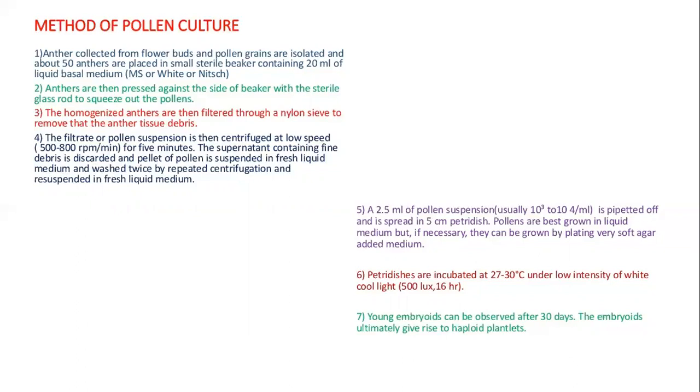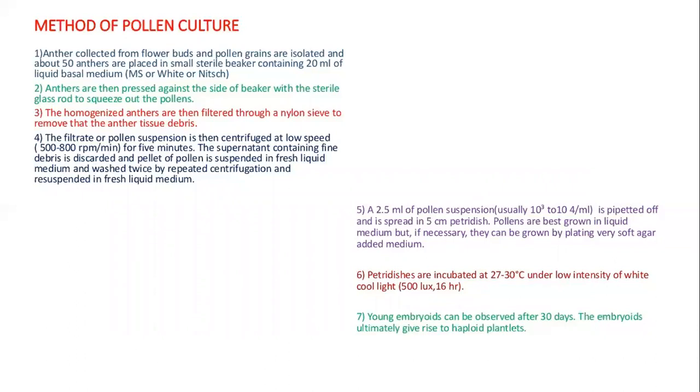The filtrate of pollen solution is then centrifuged at low speed, and the supernatant containing fine debris is discarded. The pellet of pollen is suspended in fresh liquid media, washed, and resuspended in fresh liquid medium.